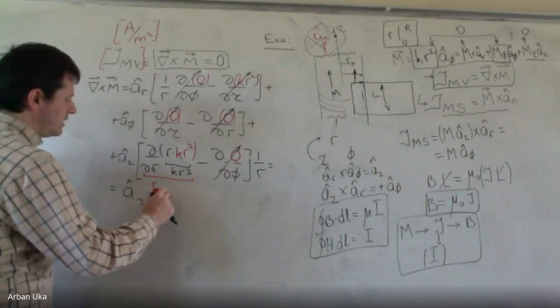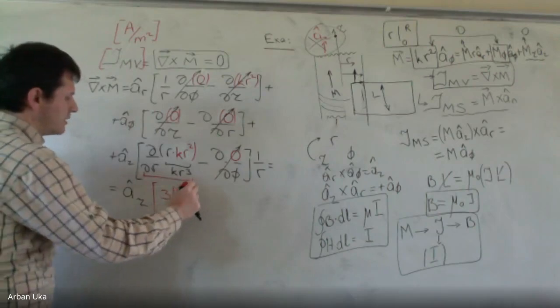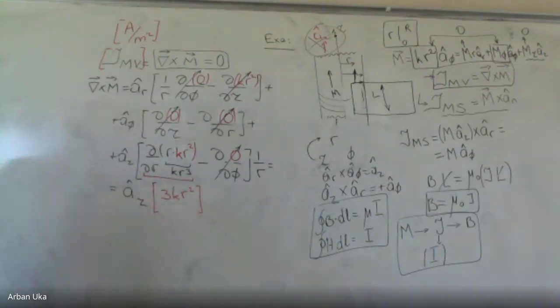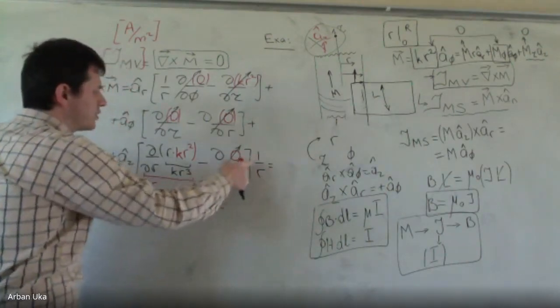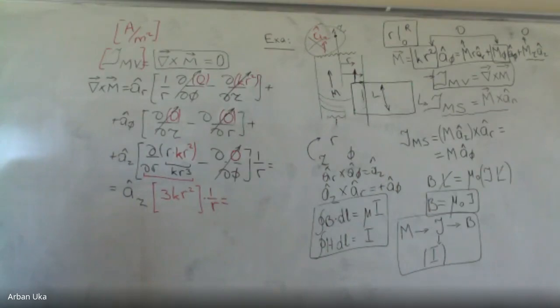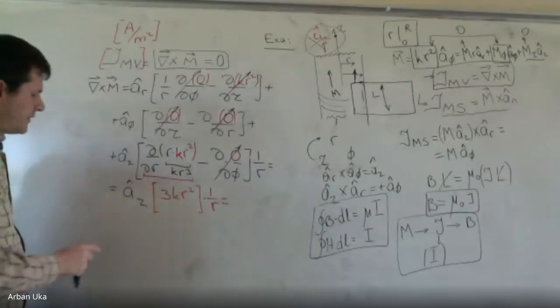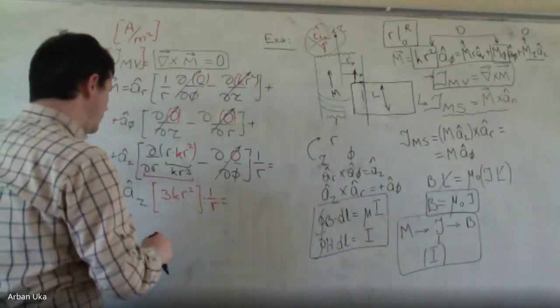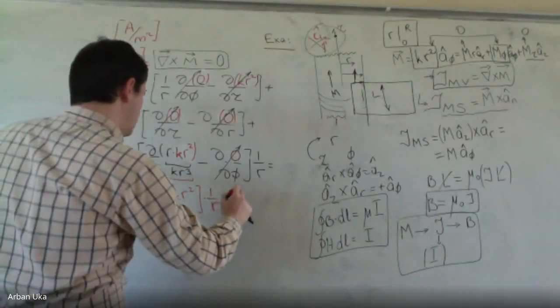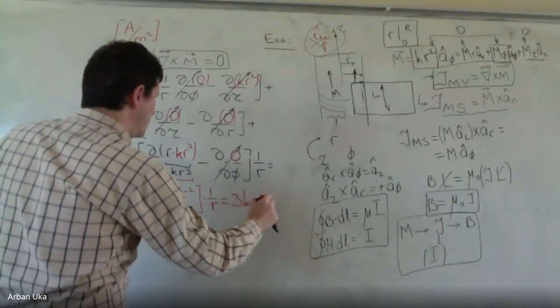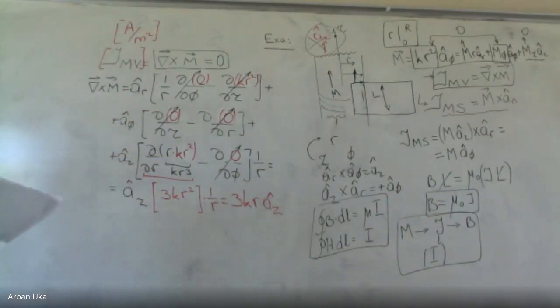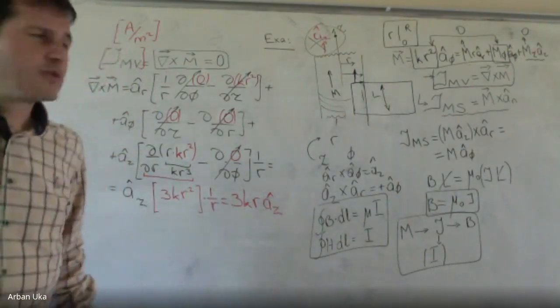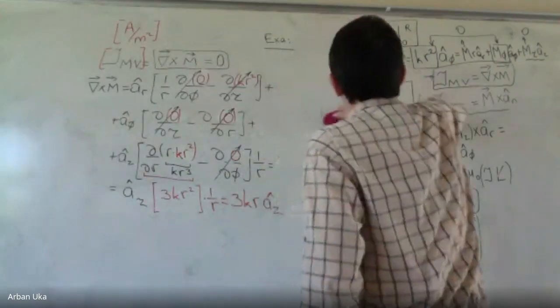This is going to be 3K R squared, the derivative of the term, times 1 over R, because this was a term in the curl operator in the cylindrical coordinate system. So finally, this is going to be 3K R A_Z.